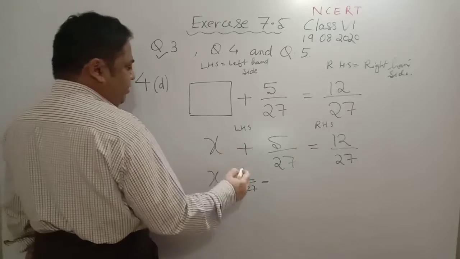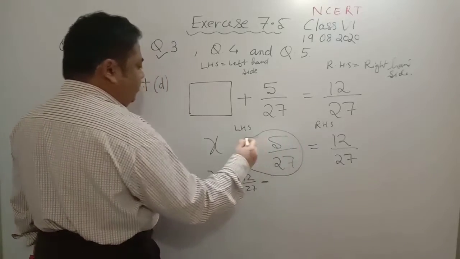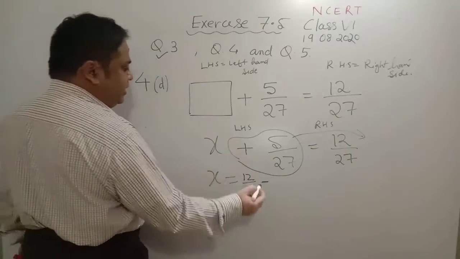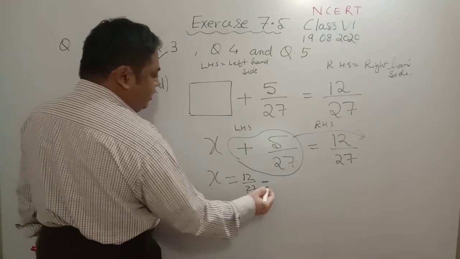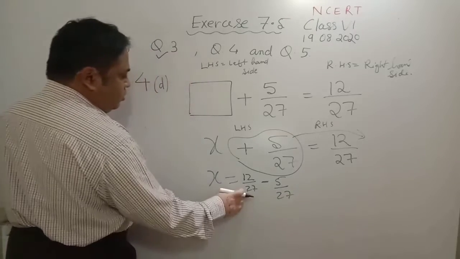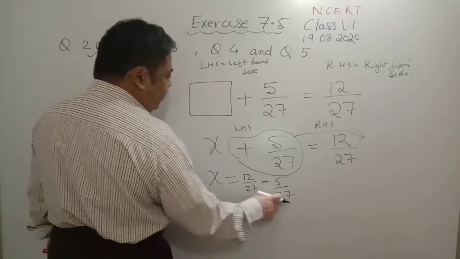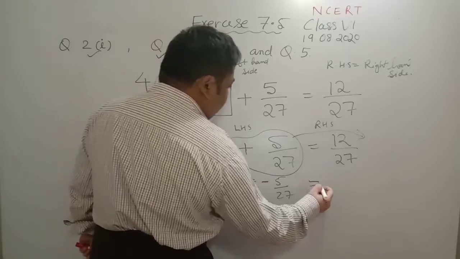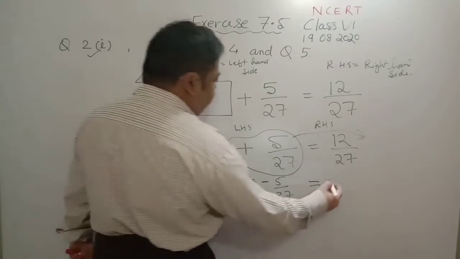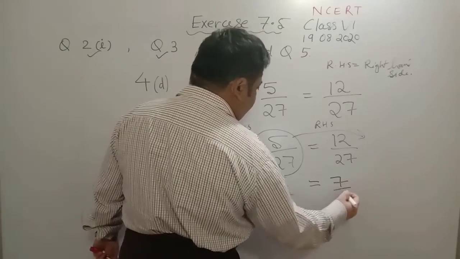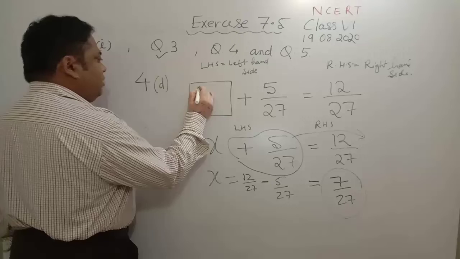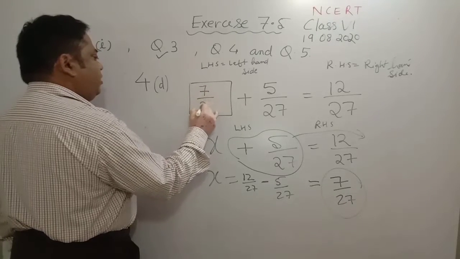So whenever any value goes from left hand side to right hand side, then this sign changes. So 12 by 27 minus 5 by 27. So 27 and 27 is same denominator. So 12 minus 5 will become equal to 7. 7 by 27. So here we will write 7 by 27.